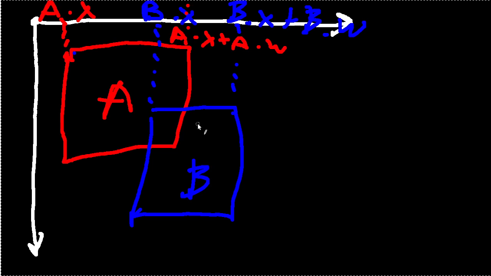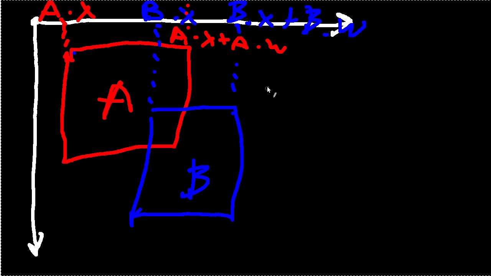All right, we have overlap if we have overlap in this region, if the x coordinate of b, b dot x, is in between a dot x and a dot x plus a dot w. So we could see that here.